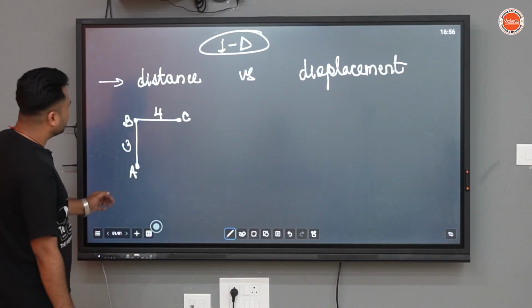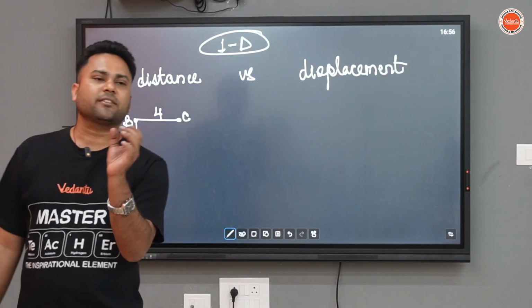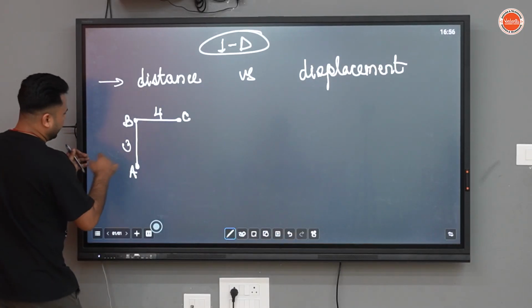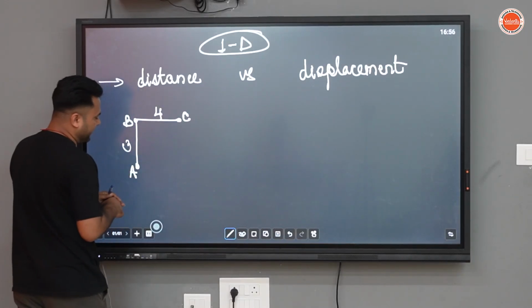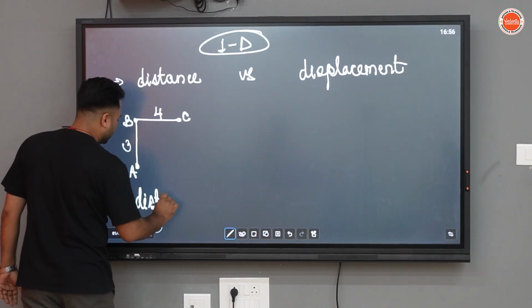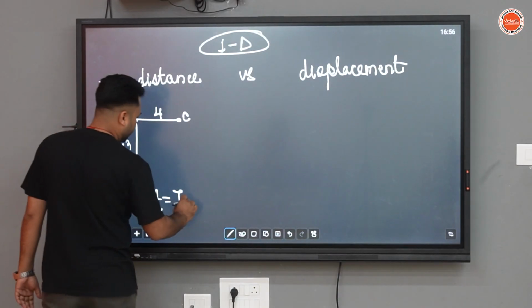Now someone asks what is the distance. Distance is the total length which the person has covered. So A to B is 3, 3 plus 4 is 7. So if I talk about distance, this will be 7 units, correct? 7 units.